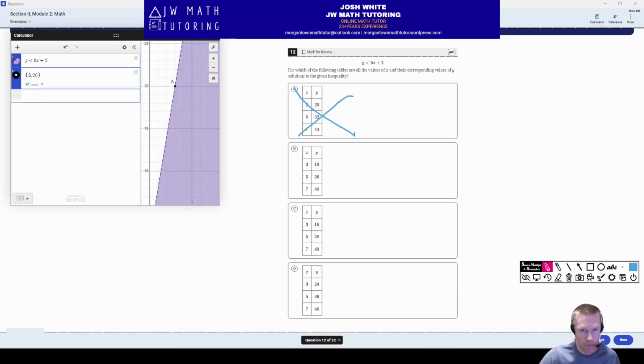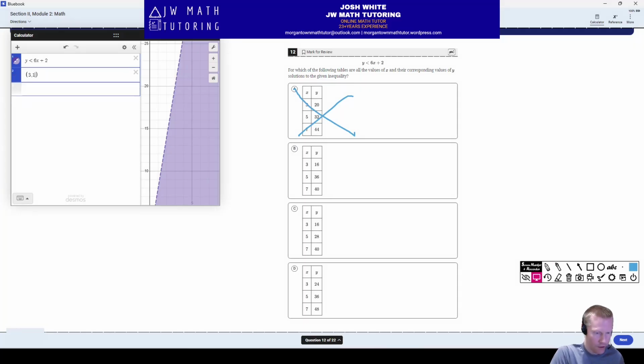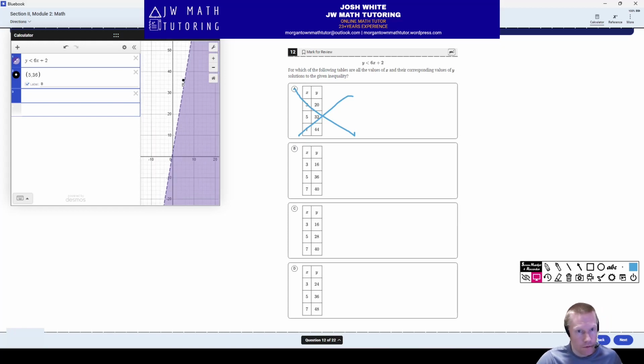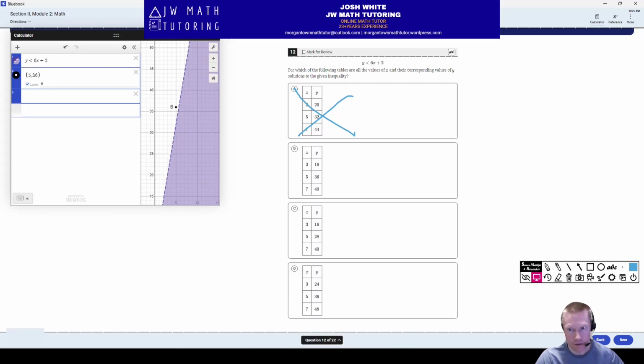All right, so for B, if we just change this to 16 now, yes, that one does work. Okay, let's check 536. Just scroll out. Notice this one does not work. This one is outside the solution set.